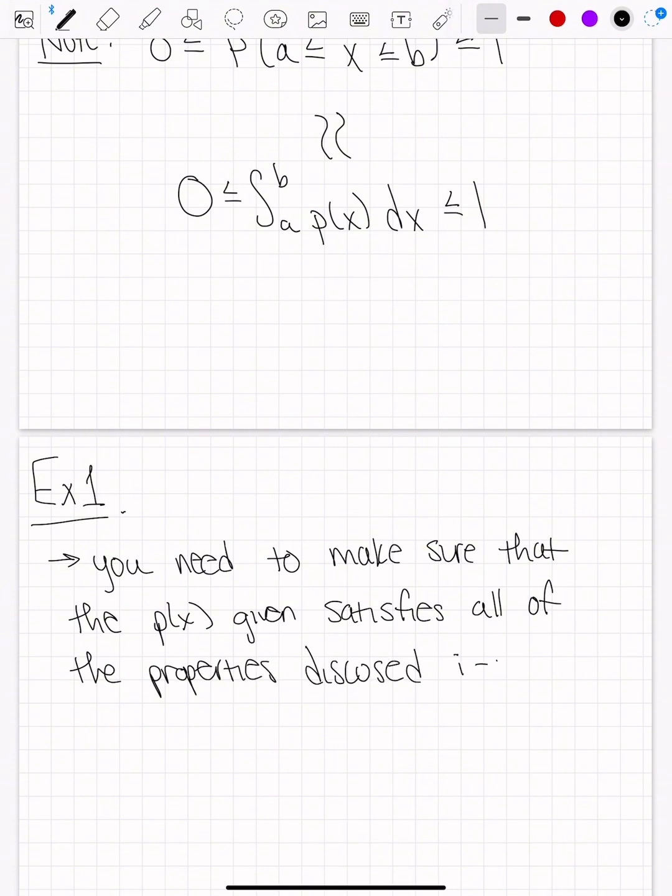Properties 1, 2, 3 in the definition of PDF, for your choice of capital C.